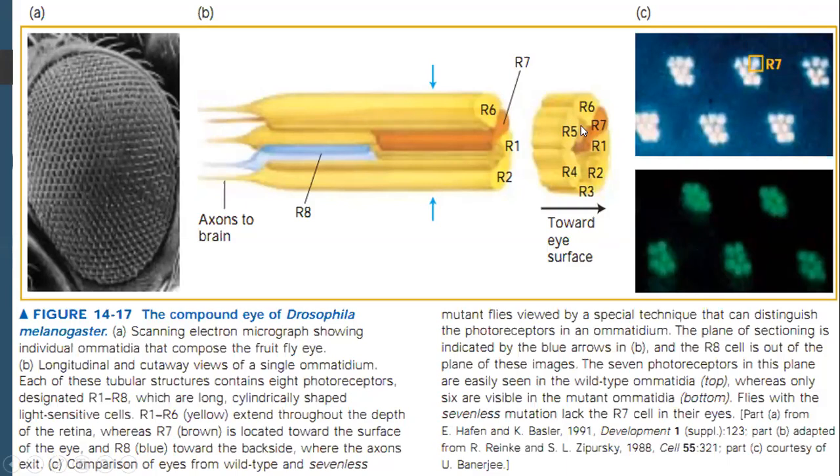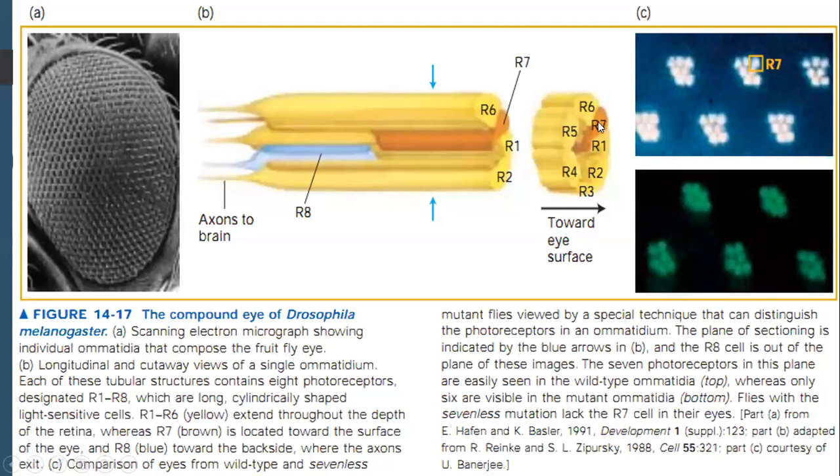What about 8? The 8th one is behind the scene, so you cannot visualize it. In this picture you can see only 6 because the R7 is missing. This is the mutant, so there will be only 6 cells.